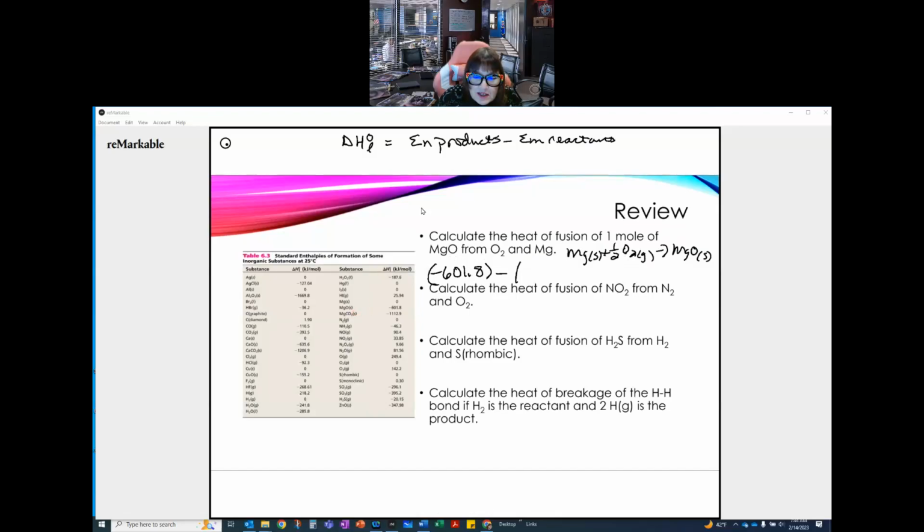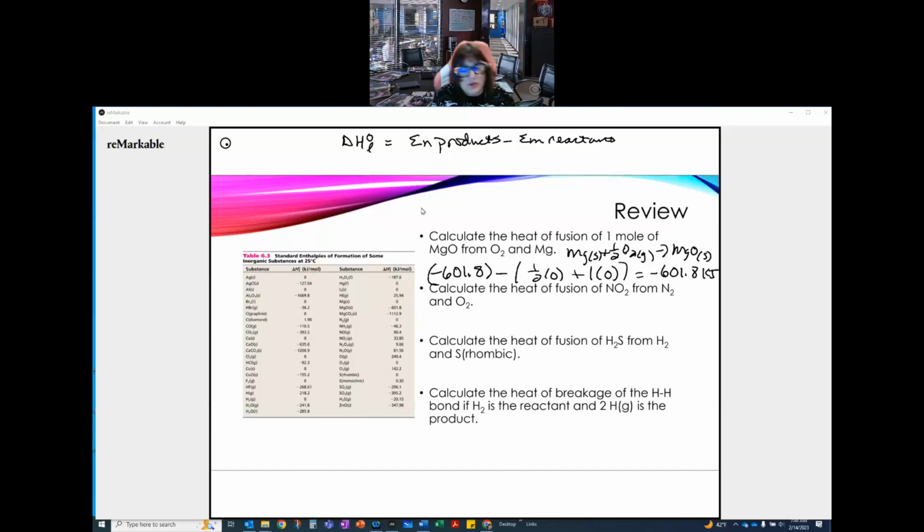Of course, we can look and see Mg solid is 0. And our O2, again, is in its natural state, so the O2 is 0. So that's going to be half of 0 plus 1 times 0, which is, of course, 0. That's equal to negative 601.8. And, of course, that is going to be in kilojoules per mole.